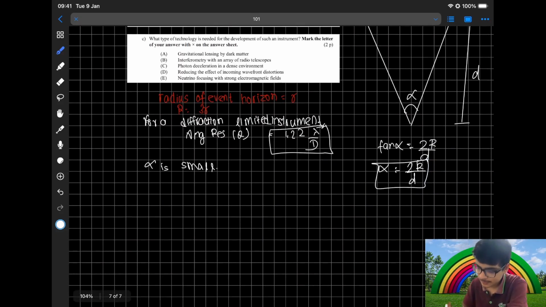So from this, what we're also given is alpha must be greater than or equal to theta. Like it must, right?